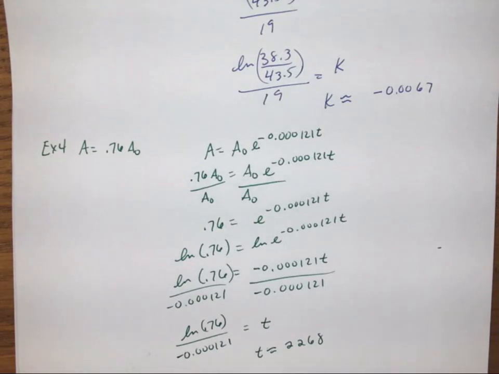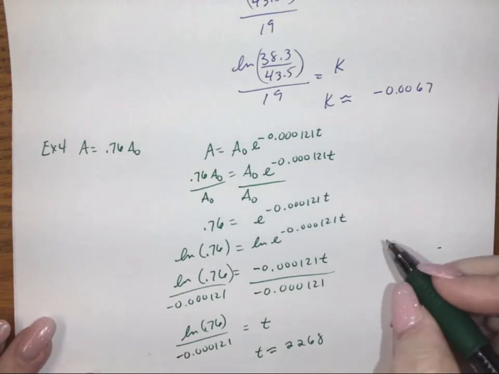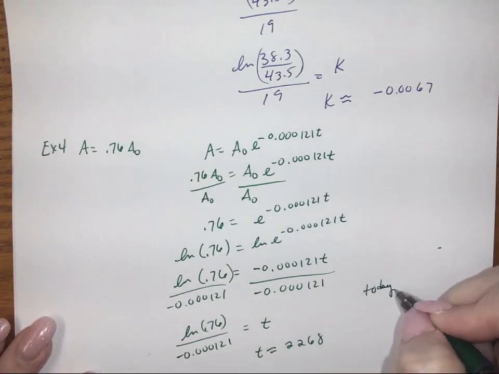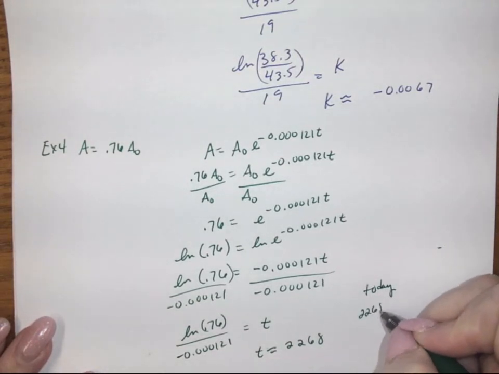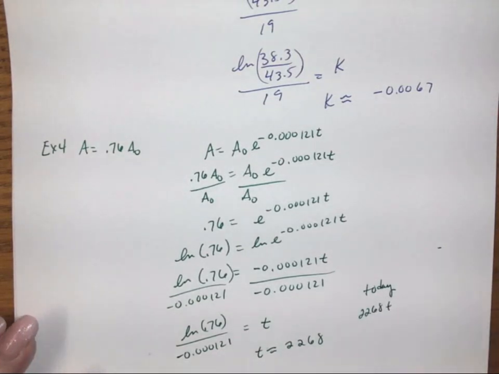So if we're looking at today, which is in 2020, is when I'm recording this. So if we're looking at that for today, we would have our 2268 plus however many years have passed.